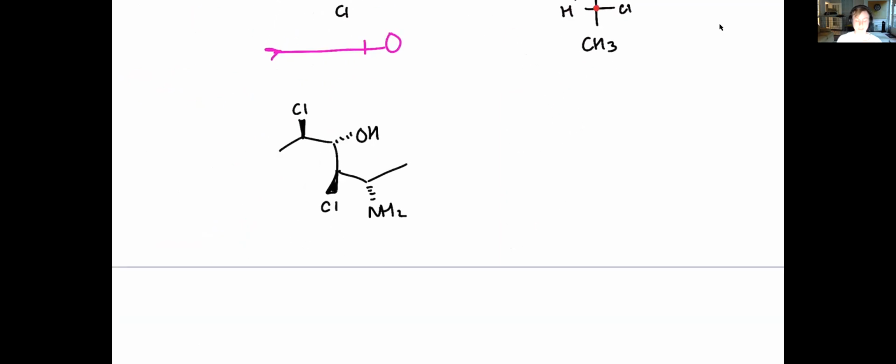So this is the last example, and I feel like this is a really good example because we don't have that normal configuration that we would see. So there's two ways that you could really go about this problem. You could rotate this bond right here to get it into the regular line angle projection.